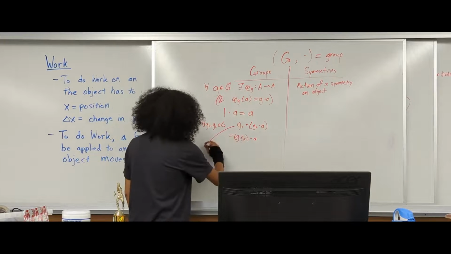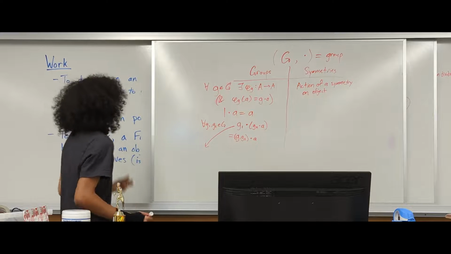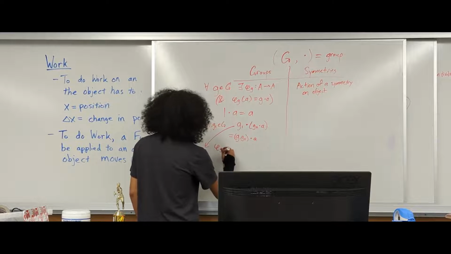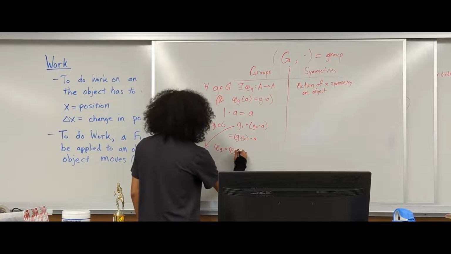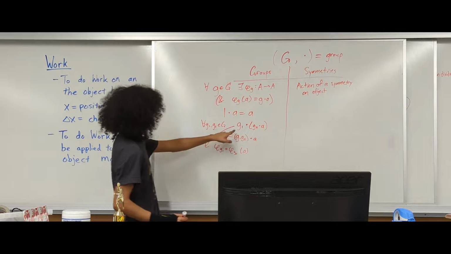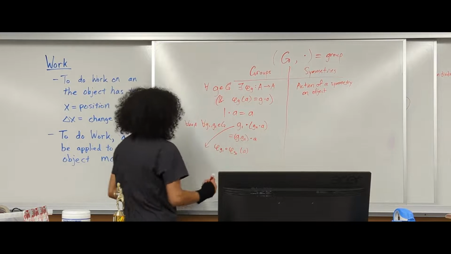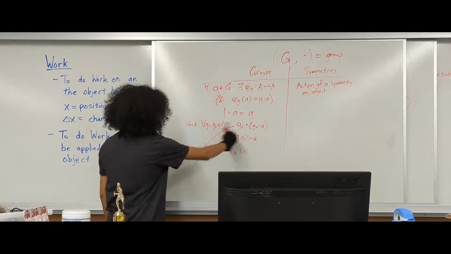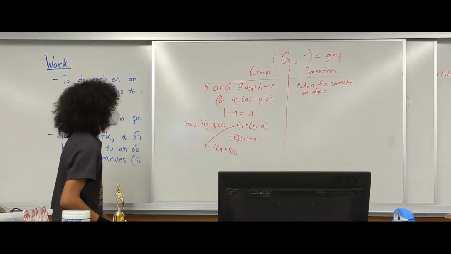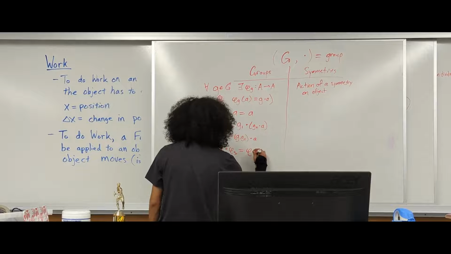This thing here, G1 acting on G2 acting on A, is the same thing as this phi G1 composed with phi G2 acting on A. So actually what this statement is saying, and this is also for all A in that set, is that the composition of these two invertible functions is equal to this.